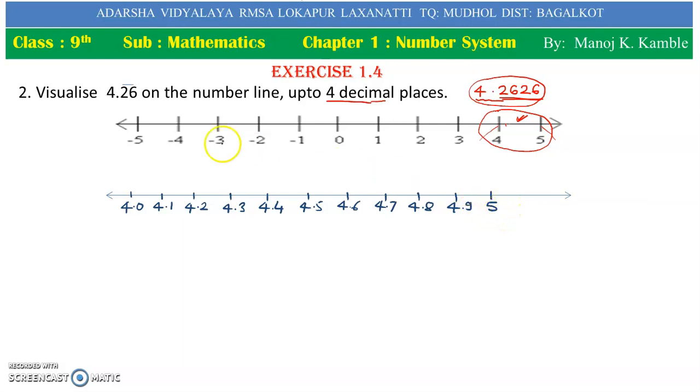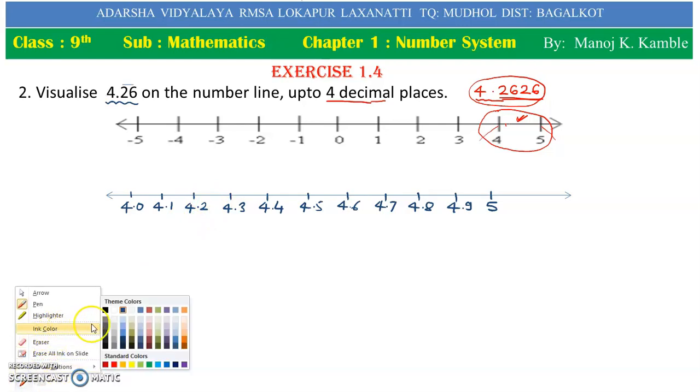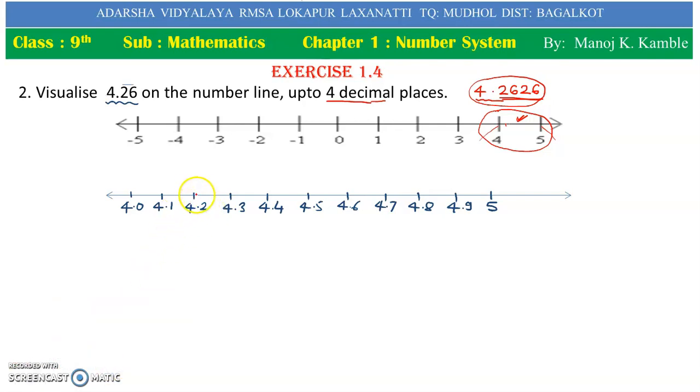Okay, so now check once again here our question 4.26. So 4.2 is present here. Okay, and our next number should be present in between here, 4.2 to 4.3.